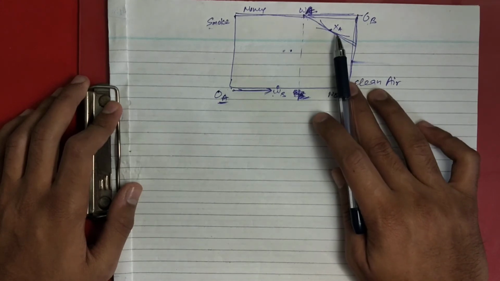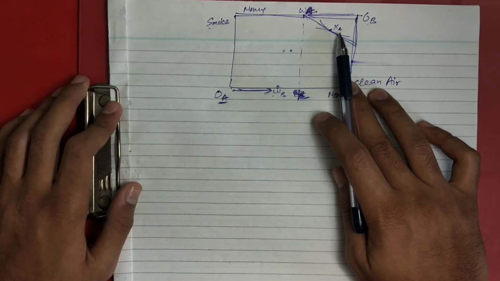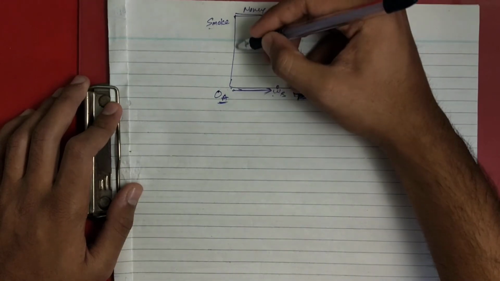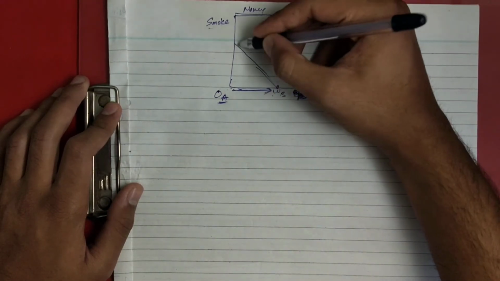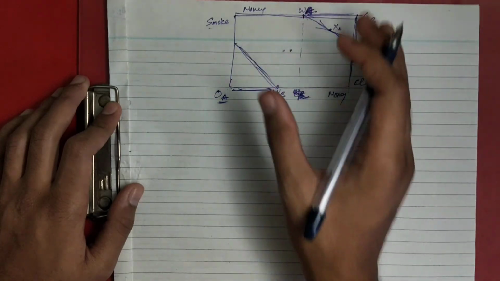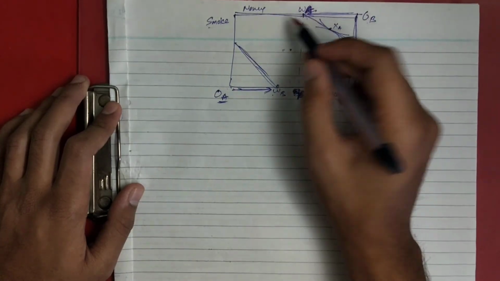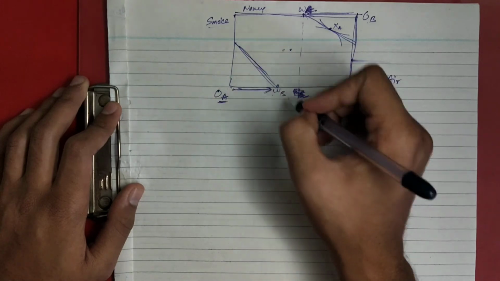Similarly, if the property right is given to B, then person B can sell his right for money, right? In that case, the final allocation will be XB. What will be XB? I have just combined two diagrams, okay? This is one diagram, this is the other one. So this is the second case.